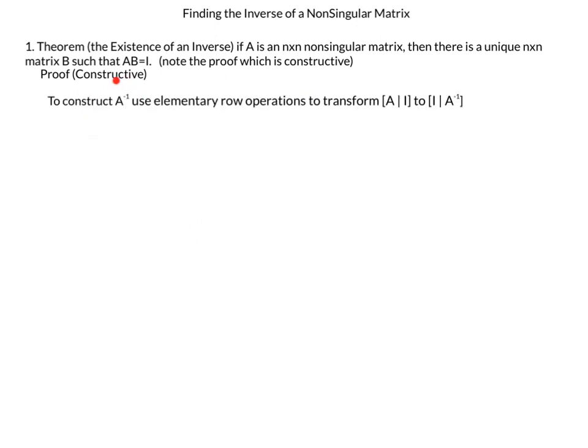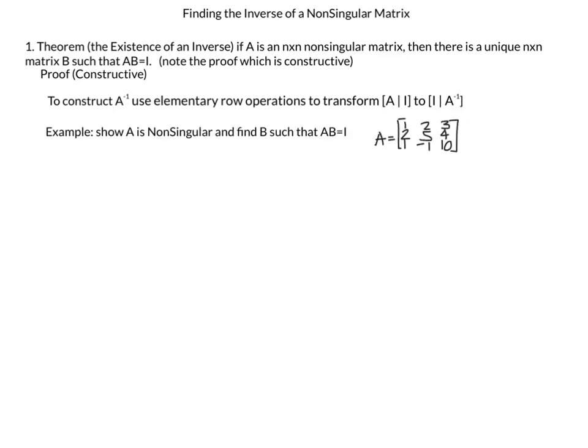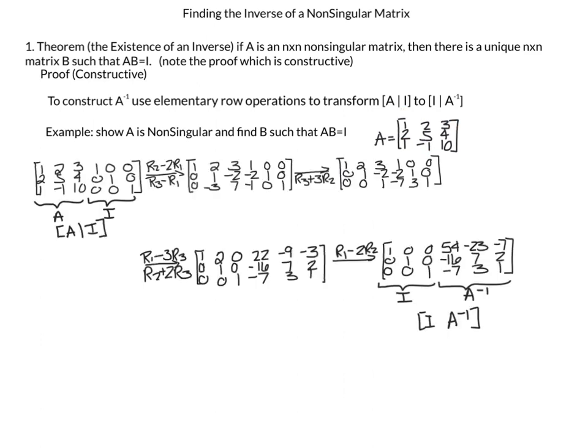So an example of constructing A inverse using this A I transformed to I A inverse, we have the matrix A, which I have given you, that it's non-singular, and it's equal to 1, 2, 3, 2, 5, 4, 1, negative 1, 10. So here is my matrix A concatenated with matrix I. That was this notation here.